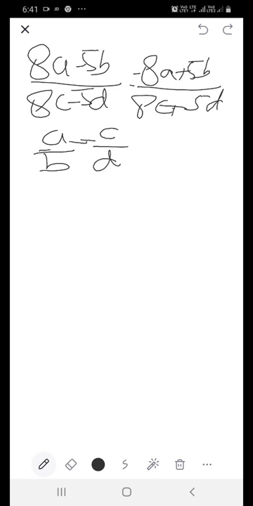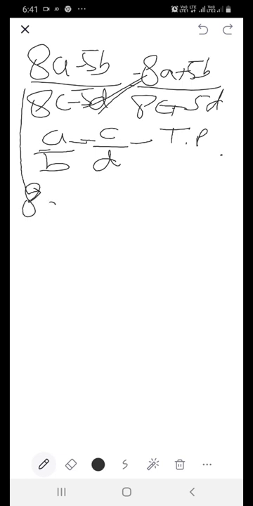Now we have to start with given. This is our to prove. This is not given. Now what you are going to do is, first we are going to bring this 8a plus 5b here, and we'll take 8c minus 5d to the right by using which property?